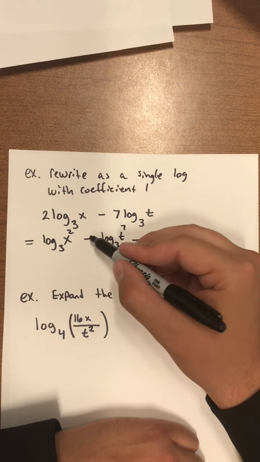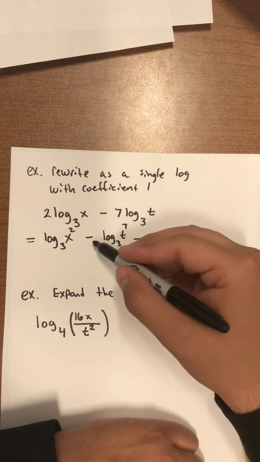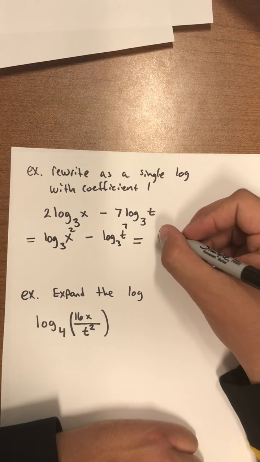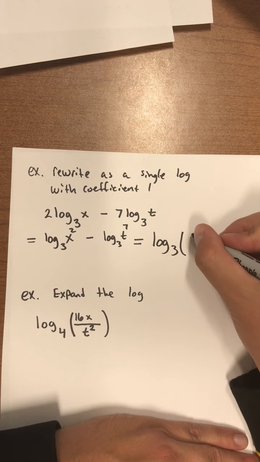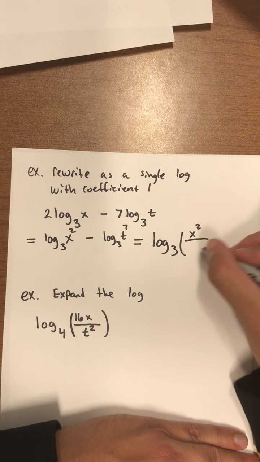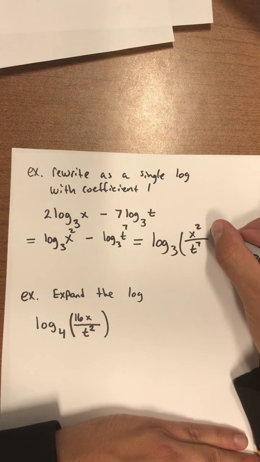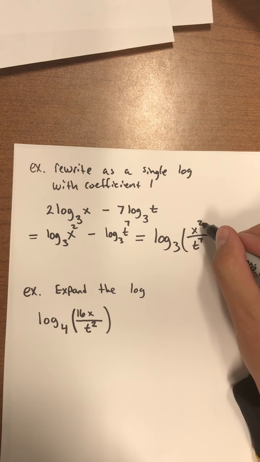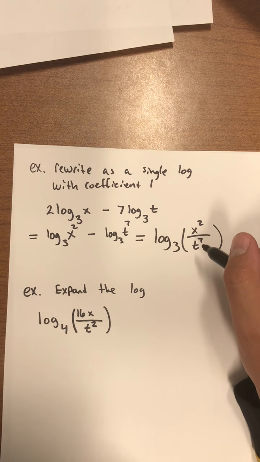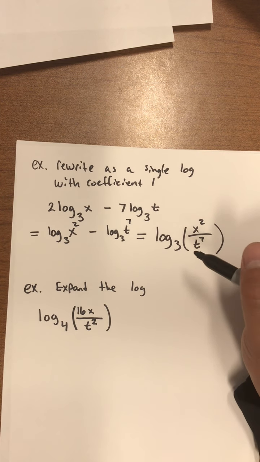Then we're set up for the quotient rule, so if we have two logarithms with the same base separated by subtraction, we can write that as a single log with division. So if we wrote that as a single log with coefficient 1, it would be log base 3, x squared over t to the 7th is the argument of that logarithm.